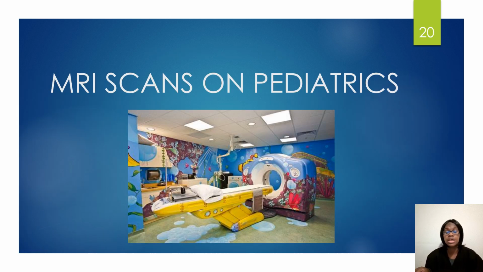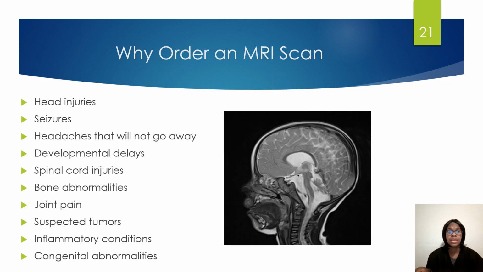Now we are going to talk about MRI scans on pediatrics. An MRI scan will be ordered for head injuries, seizures, headaches that will not go away, developmental delays, spinal cord injuries, any type of joint pain, bone abnormalities, if a tumor is suspected, or any type of inflammation.